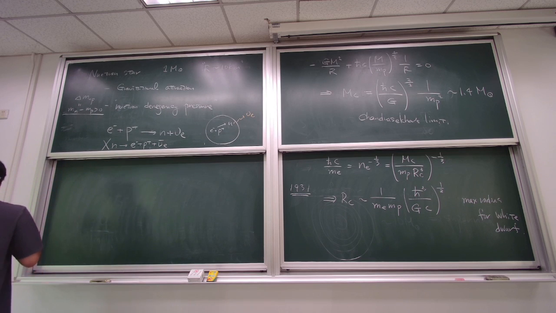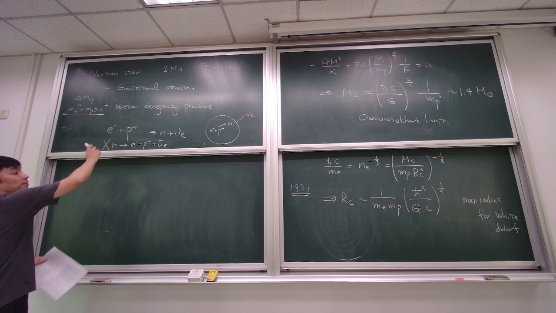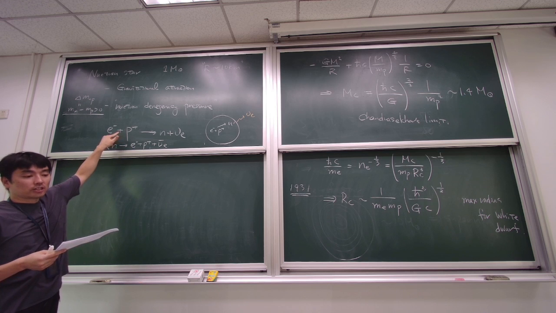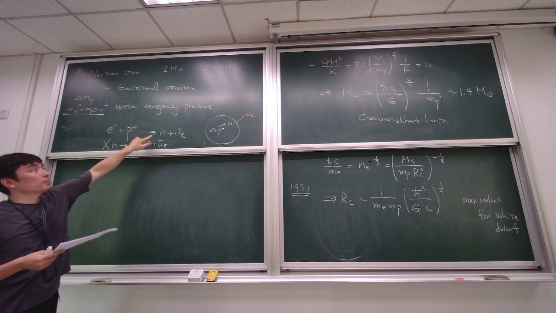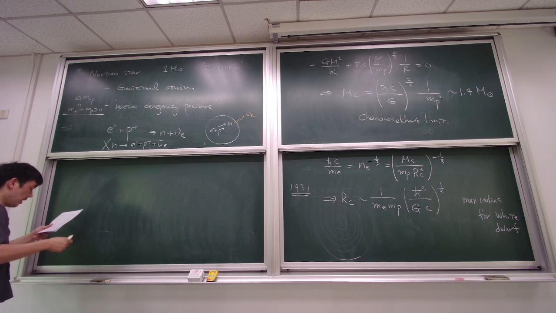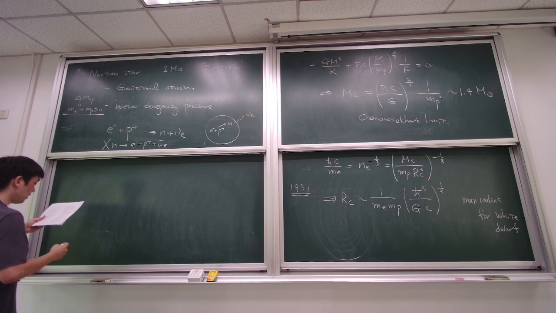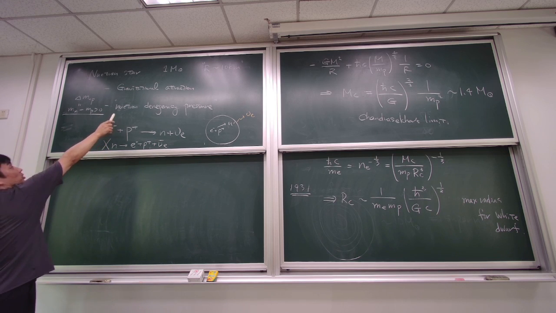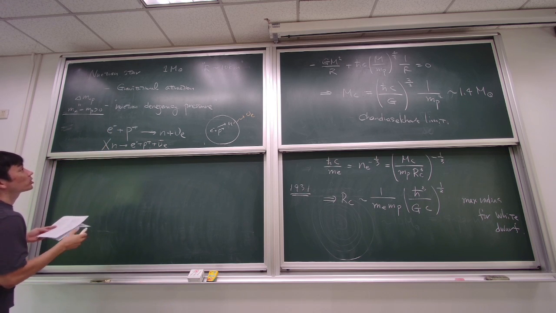So if the pressure is big enough, the electron and the proton will be paired and become a neutron, and the neutrino will escape. Then instead of electron degeneracy pressure, it becomes neutron degeneracy pressure.